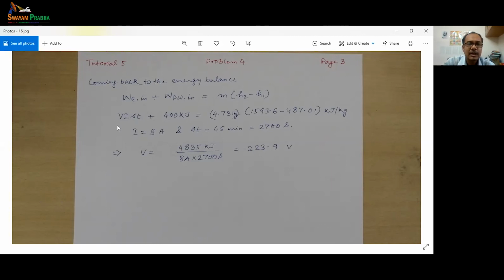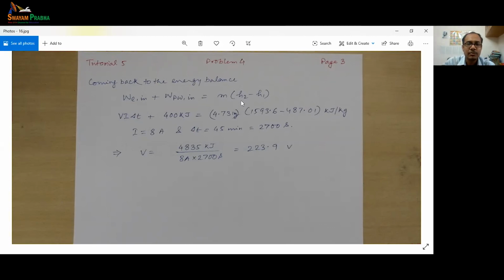That's the electrical work input for the whole time, and the paddle wheel work input is given directly, 400 kilojoule. On the right-hand side we know the mass, and we have found the specific enthalpies at state 2 and state 1.